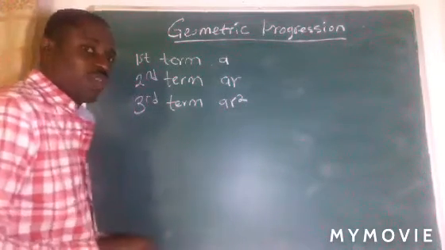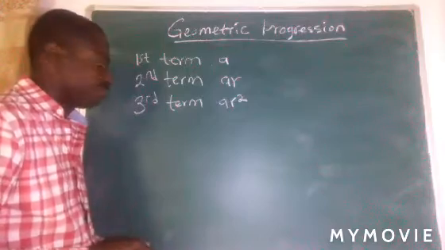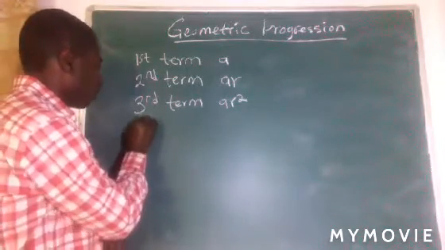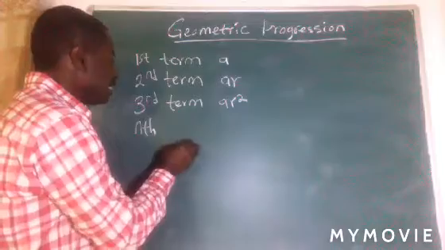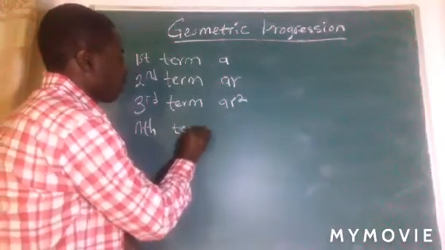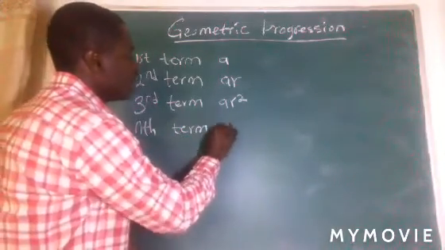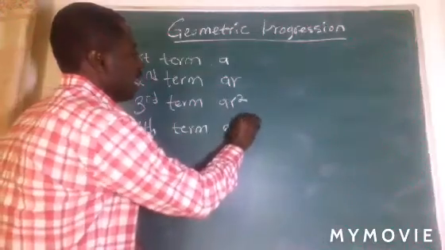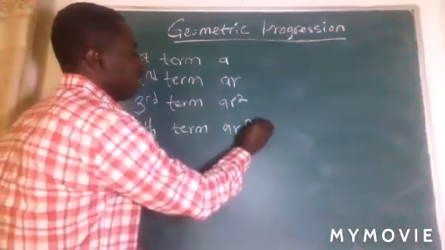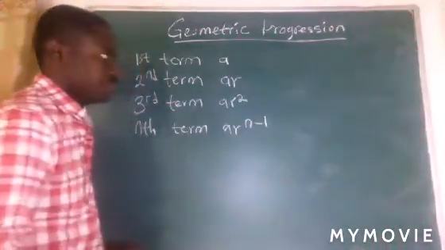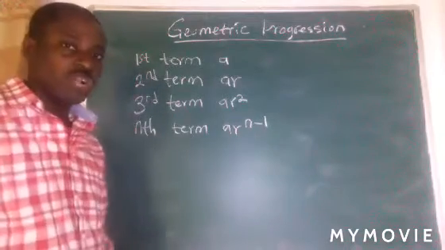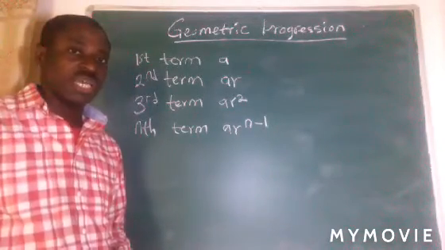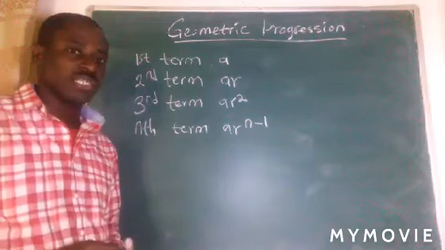Now we also have what is called the nth term. The nth term of the geometric progression is given as ar raised to the power of n minus 1. In geometric progression, there are two types of sequence.